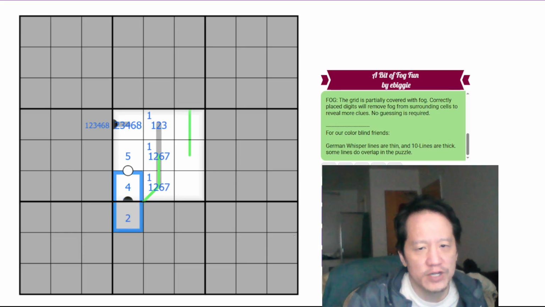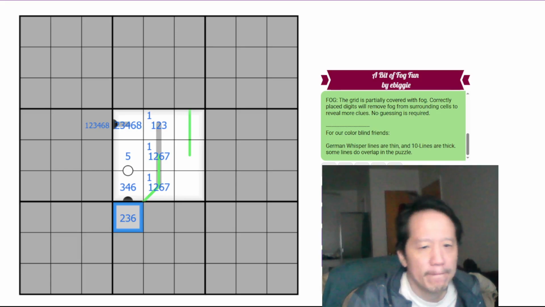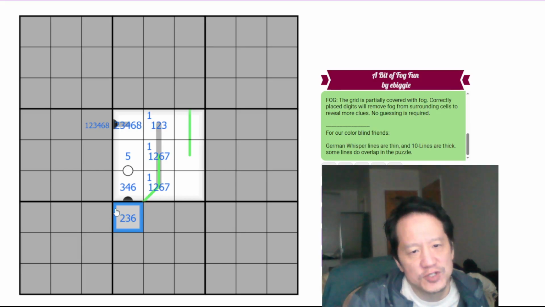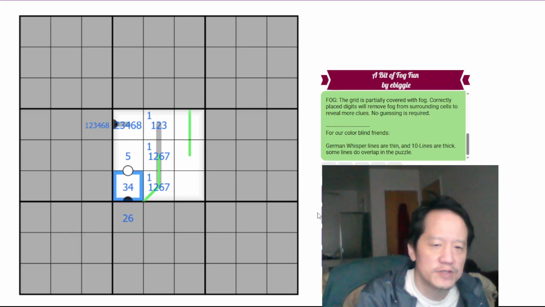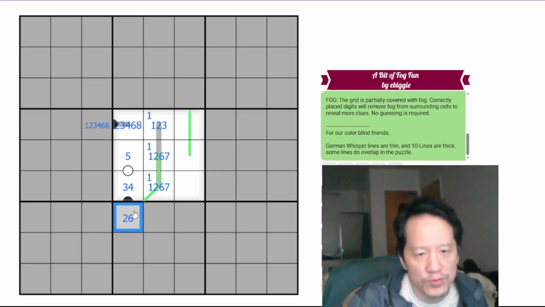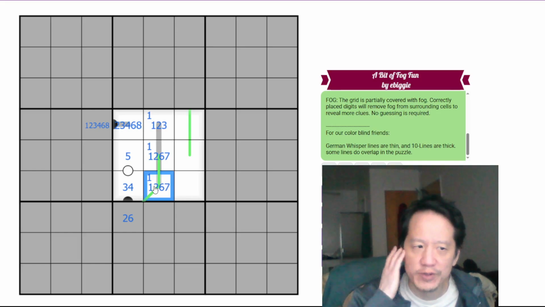If it's 3 and 6, if this is 3, that doesn't work. This can never be 3 here, so this can never be 6. Because if this were 3, the problem is none of 1, 2, 6, and 7 are 5 or more away from it.